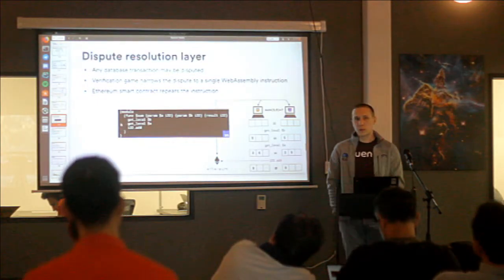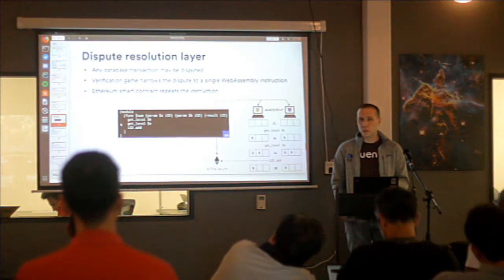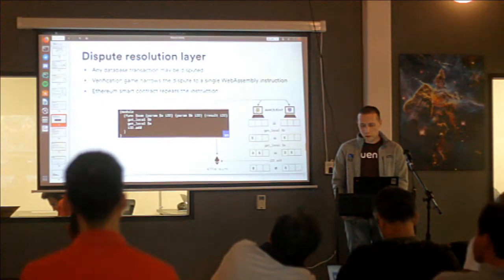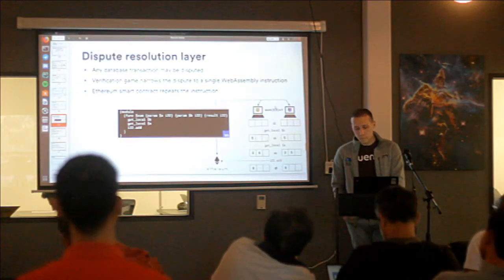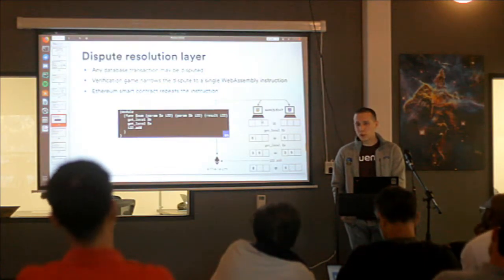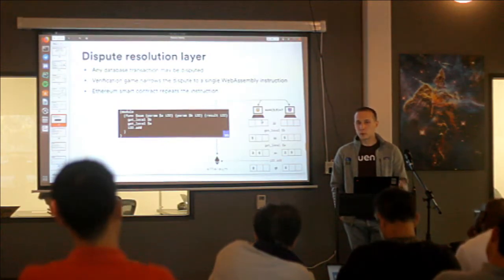You want, for example, to take two numbers in a function, add them together, and then just return this result. And let's say two machines are trying to execute this really simple WebAssembly code, but the bad machine got an incorrect result, and the good machine has challenged that. So how do you understand who is right and who is wrong?